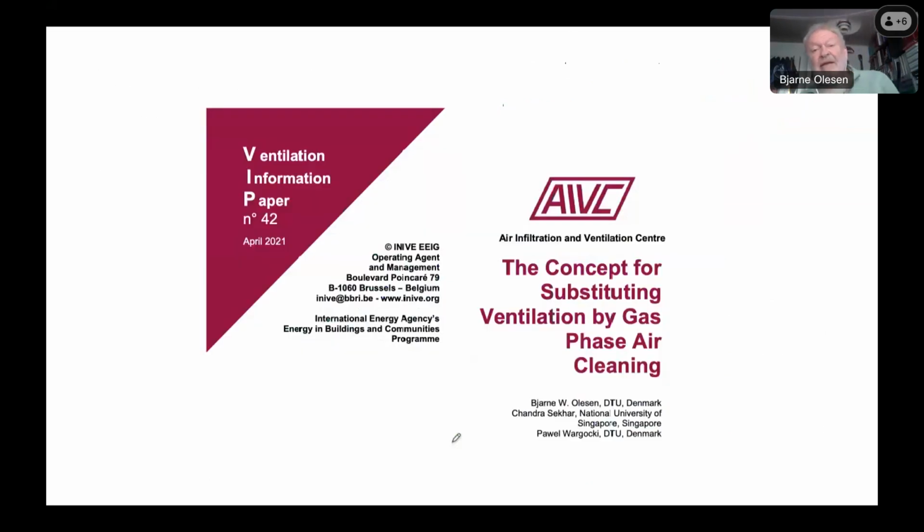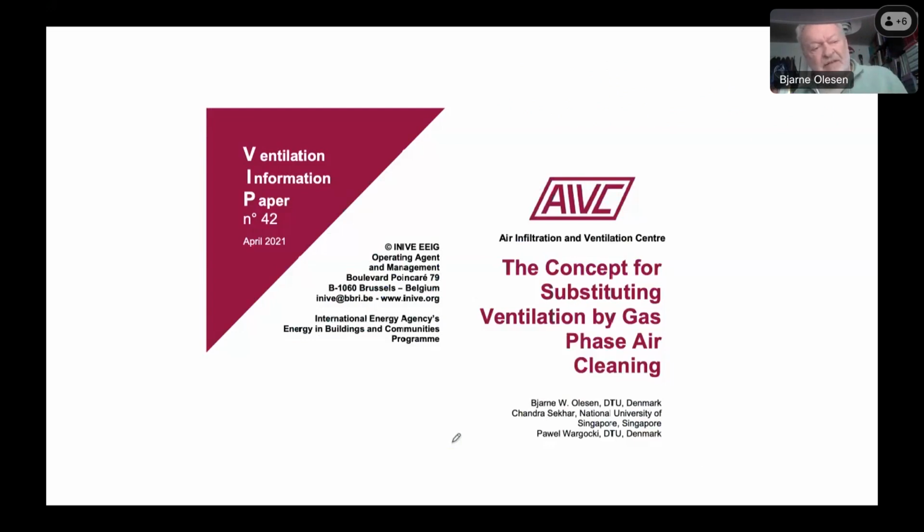Finally, about air cleaning. Now, we have an AIVC annex working on the possibility of substituting ventilation by gas phase air cleaning. There is an AIVC document which tells the concept. And the idea is to estimate the clean air delivery rate of the air cleaner.